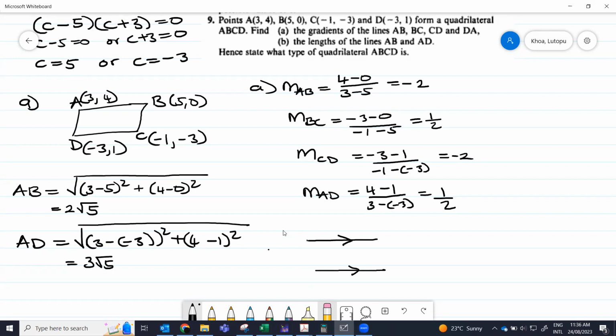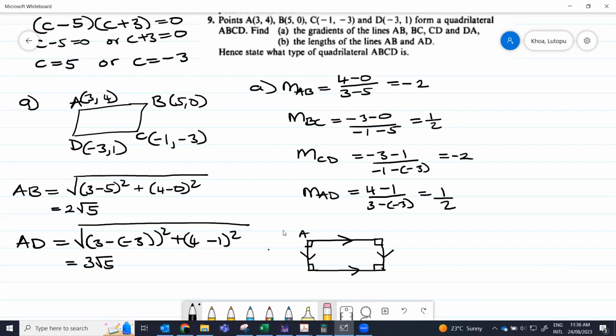And then AD and this one, those are also parallel because their gradients are the same. And this is a 90-degree angle because the product of those two is equal to -1. So you have 90-degree angles throughout.